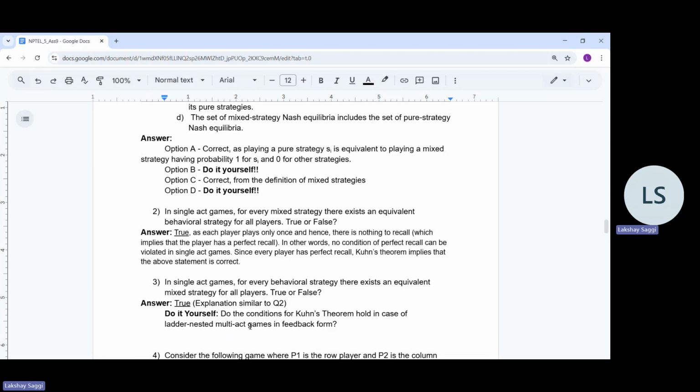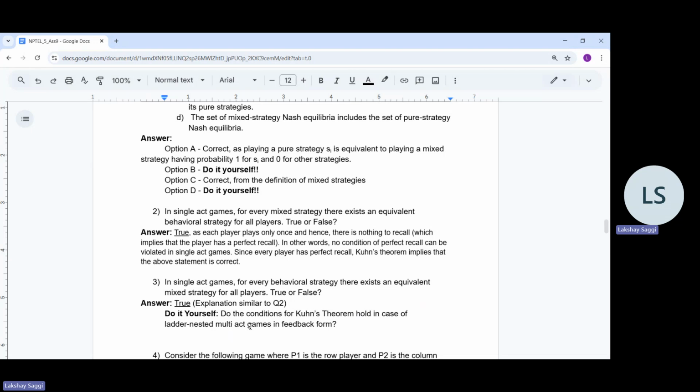Maybe I should write multi-act games. They are in stages, but just write it as multi-act games. Here we defined these in the form of stages, and we said that no information should get lost in any stage, and every player plays exactly once in each stage. These look similar to conditional perfect recall, where a player does not forget anything.